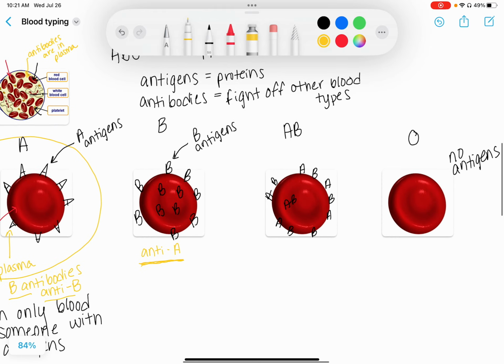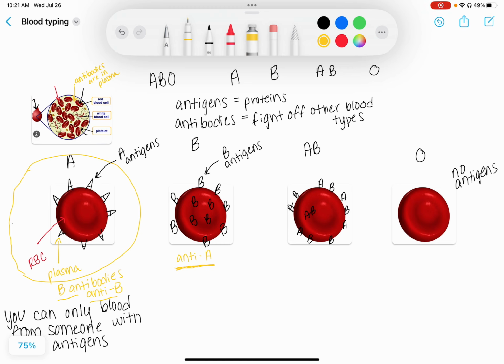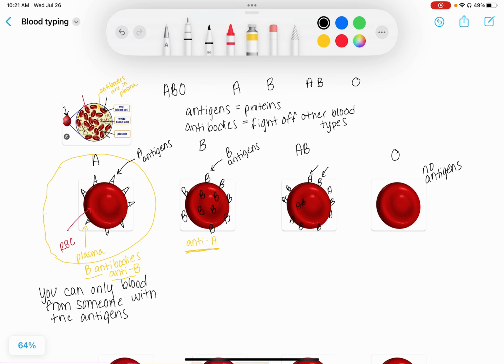Now, AB blood is kind of different. Someone with AB blood has A and B antigens, right? So if they were given A blood or B blood, they wouldn't fight it off, because like we said over here, you can only take blood from someone with the same antigens.